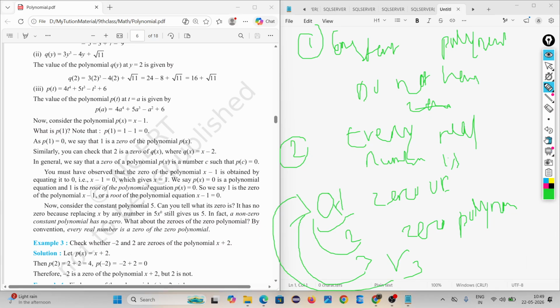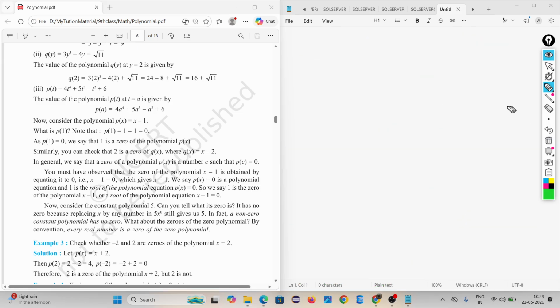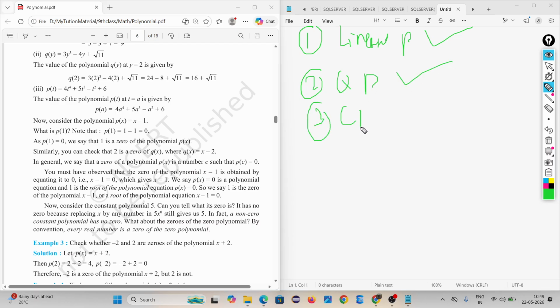Look, I am concluding. Linear polynomial has a zero, quadratic polynomial has zeros, cubic polynomial has zeros, constant polynomial doesn't have a zero. Number 3, the zero polynomial has zeros.